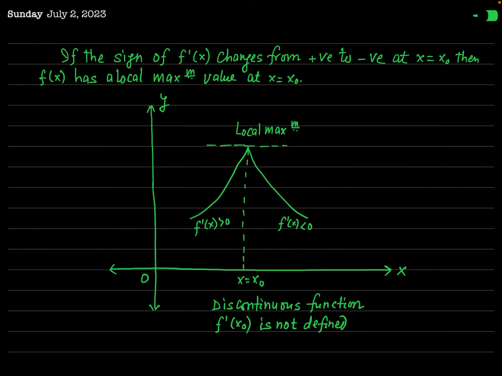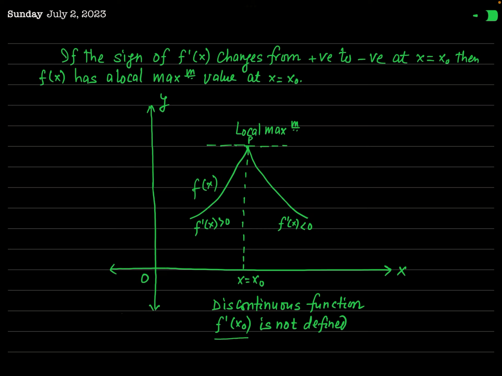Now in this figure I have shown the graphical plot of a discontinuous function. You can see that this function f of x is discontinuous at this point P, and the function has a maximum value. As the function is discontinuous at point P, we cannot define a finite value of f dash of x naught.